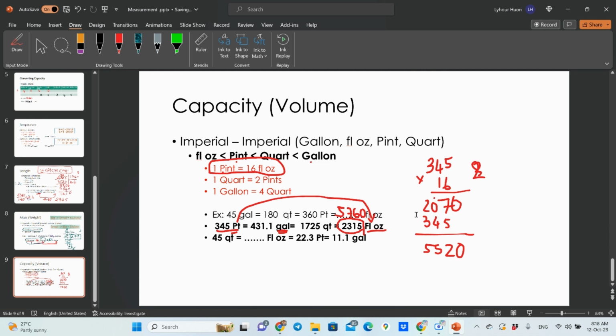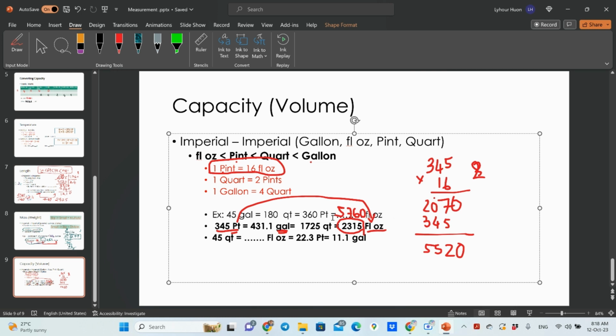Is it correct? What did you calculate? The problem is I did it on a paper full of equations, so the whole paper looks messy. Maybe what's wrong? I don't know. So this is 5,520 fluid ounces.